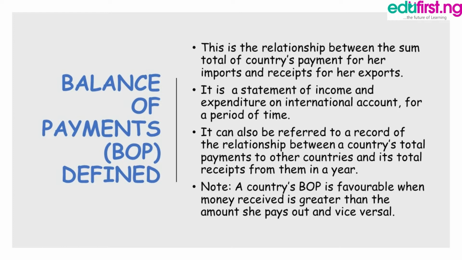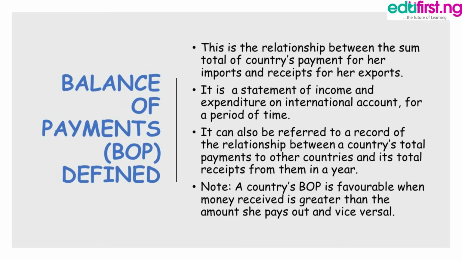So, B.O.P is also a statement of income and expenditure on international account for a period of time. It can also be referred to as a record of the relationship between the country's total payment to other countries and the total receipt. You can see those words that I mentioned in the beginning reoccurring over and over.